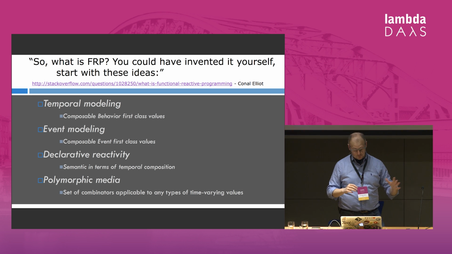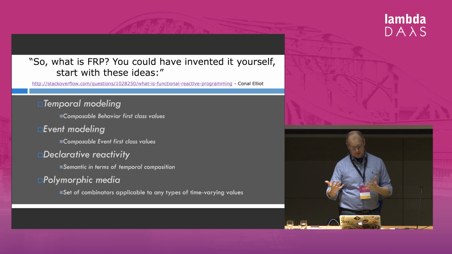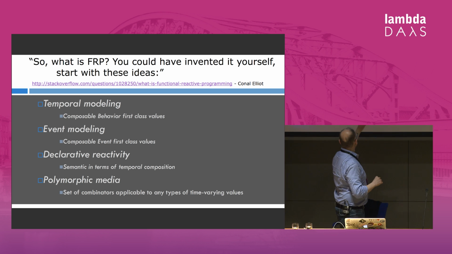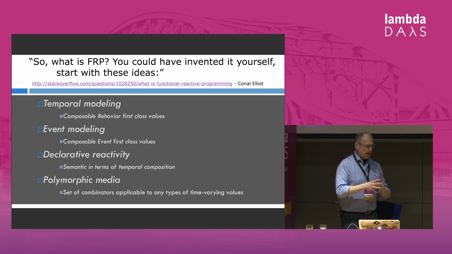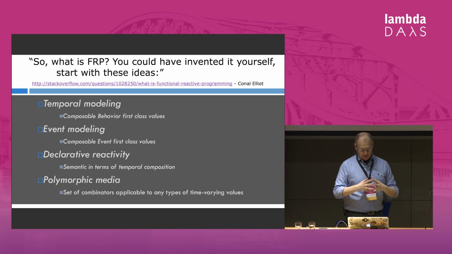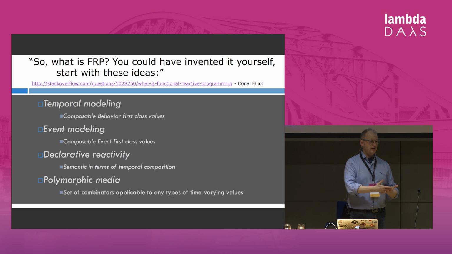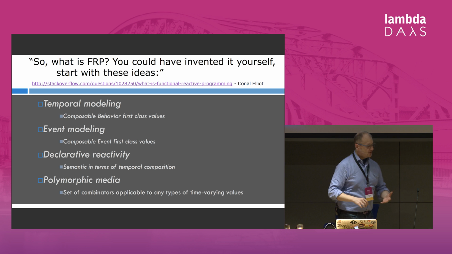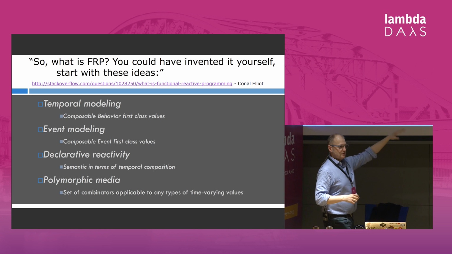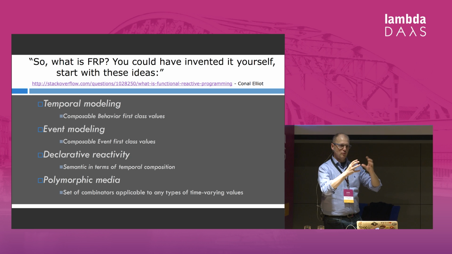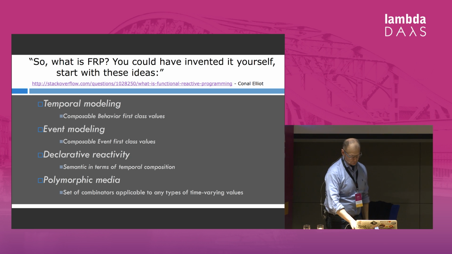Then we have event, which covers the discrete side and is a first class value. The declarative reactivity covers the fact that behaviors are expressed in terms of reaction to events, right? Because behavior can change or update according to some event. And the polymorphic media, we're going to see later, is the set of combinators that you can use to combine these two data types.